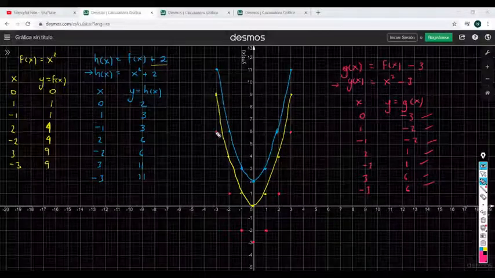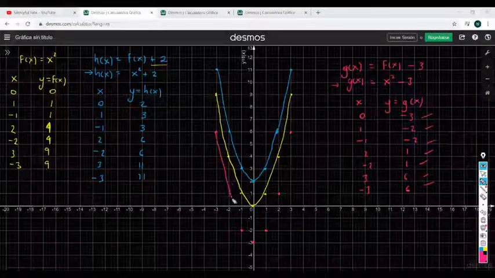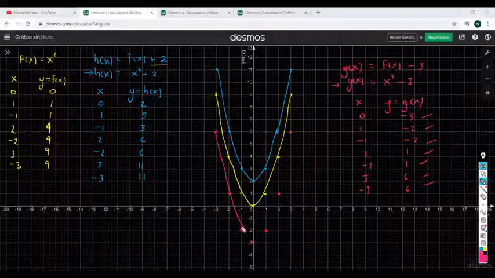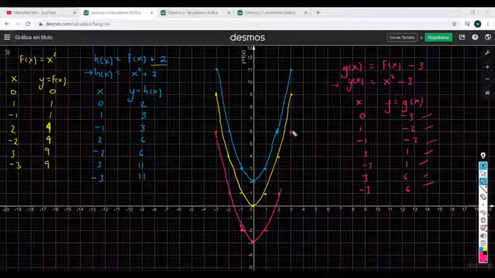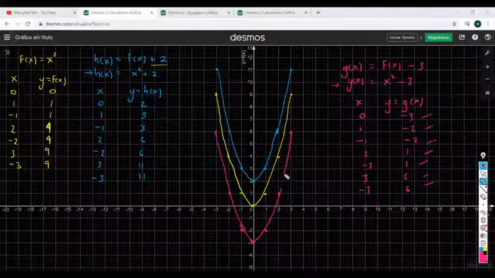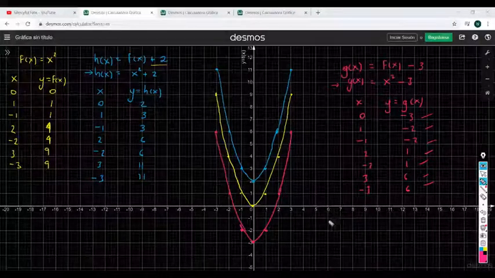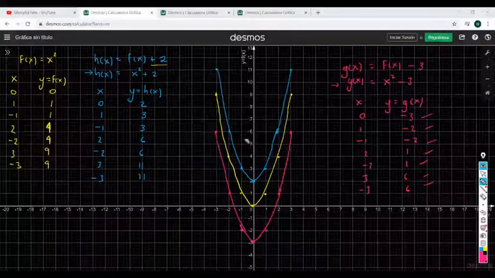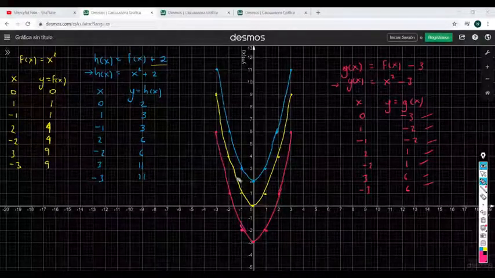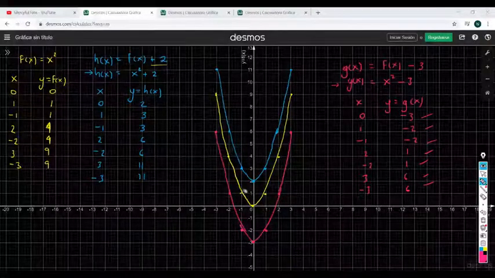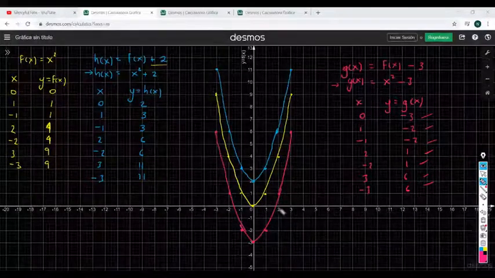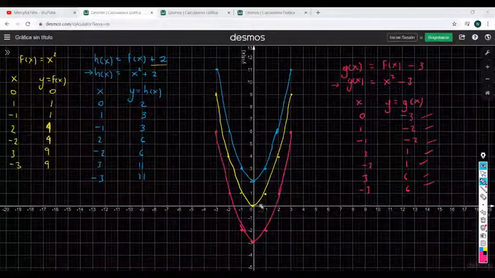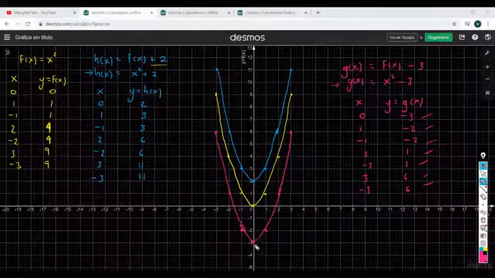And if you notice, what you're going to get is, one more time, the same shape as before, the same parabola as the yellow one and as the blue one, but in this case, in reference to the yellow one, which is my original function, so to speak, the red parabola is now displaced 3 units below.